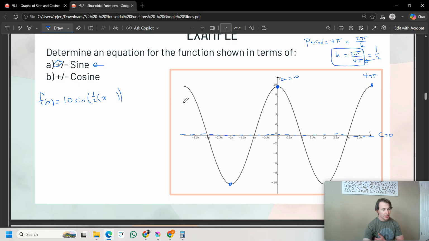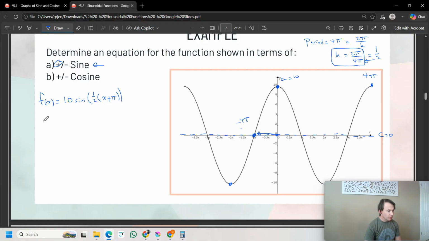All right, now I know that this is my starting point for sine, and it's back there at minus pi, and so that has been taken from here and pushed that way. So when we're shifting things to the left, that's plus over here. So it's going to be plus pi. And that's going to shift it backwards by pi.